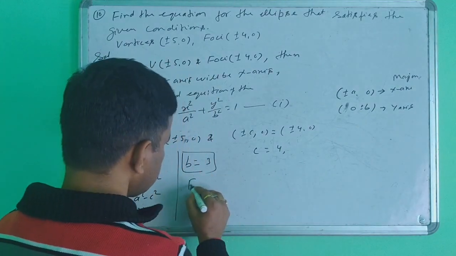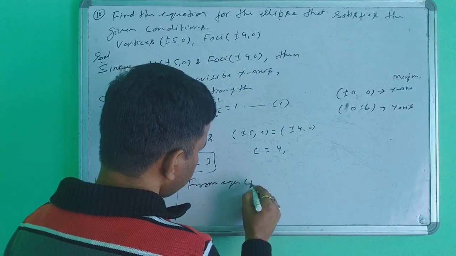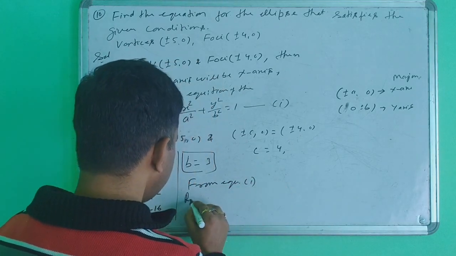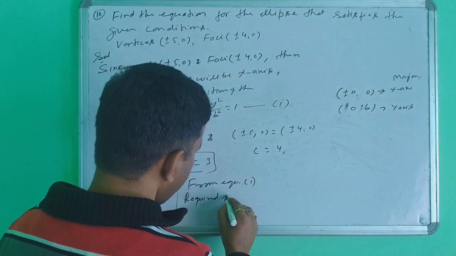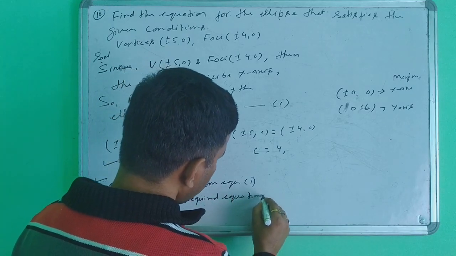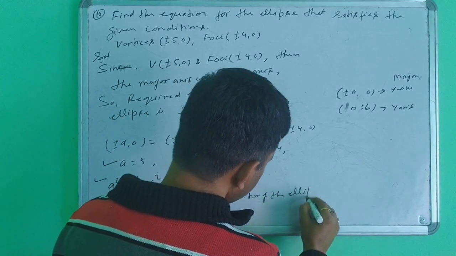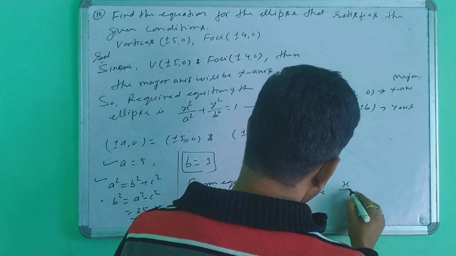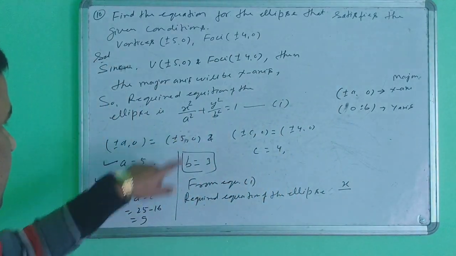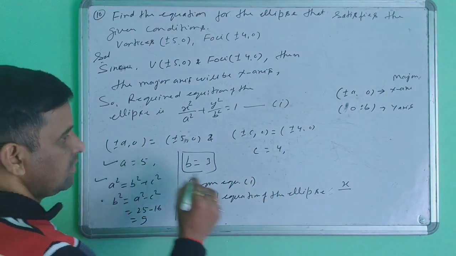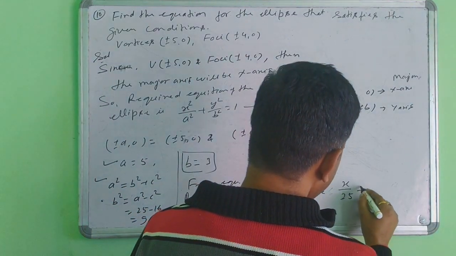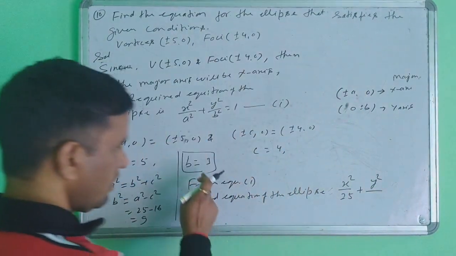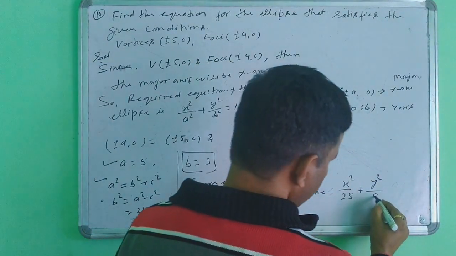So from the first equation, the required equation of the ellipse is x square upon a square, where a is 5, so a square is 25, plus y square upon b square, where b is 3, so b square is 9, equal to 1.